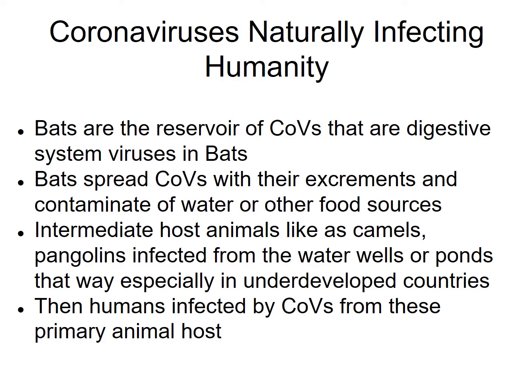So how do they infect humans? They first infect an intermediate animal. In bats, coronaviruses are digestive system viruses.